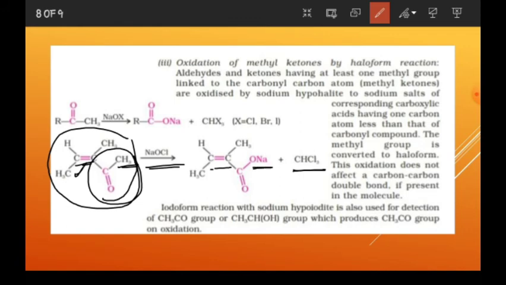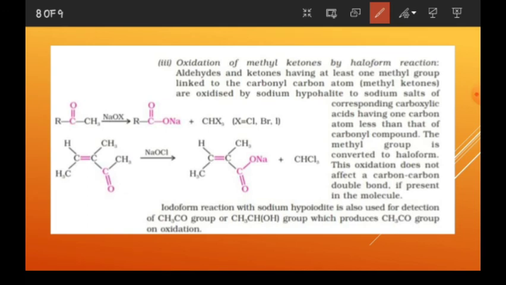This condition of not affecting the double bond we studied in PCC and in DIBAL-H, if you remember. So this is the third case we are discussing in which the double bond remains unaffected, right?